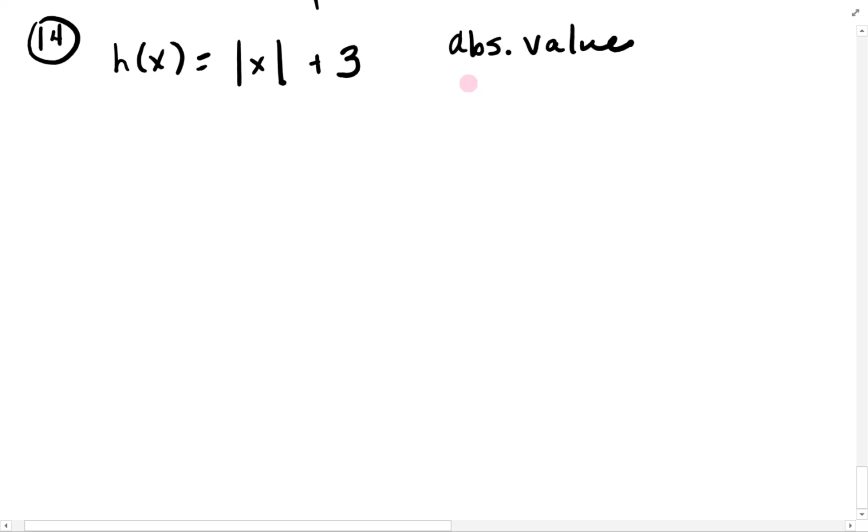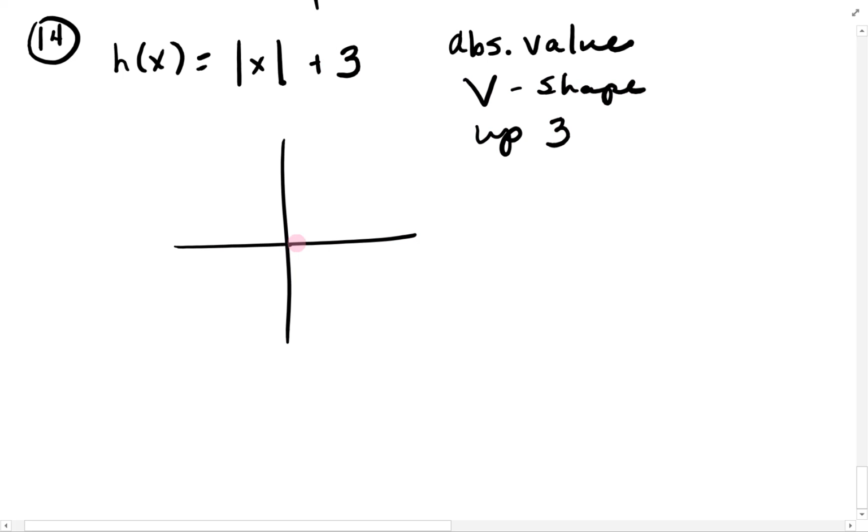Its shape is V-shaped, and the transformation, because it's on the outside and it's positive, it's going to go up 3 units. So my sketch, I know that the parent function would look like this. My function will be shifted up 3 units, so mine will look like this. So I would be looking for a multiple choice one that was like that.